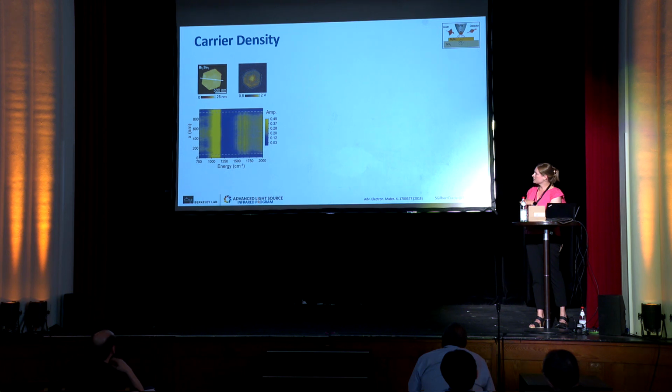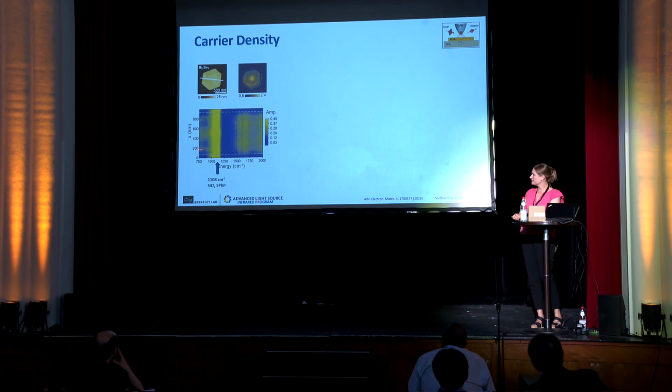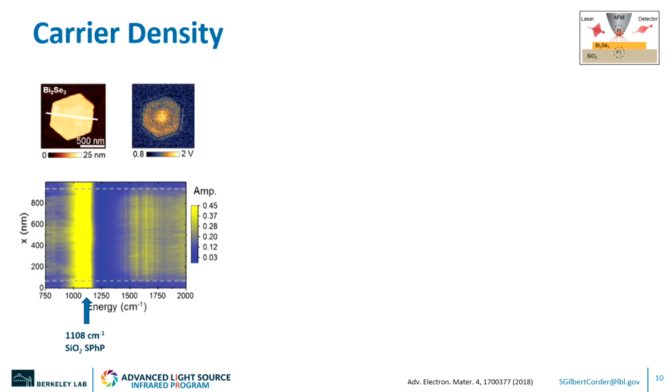So scanning across, you have the endpoints here, which are on the bare silicon, and you're moving across the material here. And so you see, obviously, there is this surface phonon polariton from the substrate that's present. It's present whether we're on the 2D material or not. But there's a lot going on here that isn't present in the bare silicon, bare SiO2.